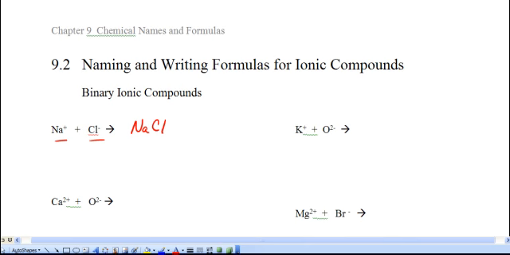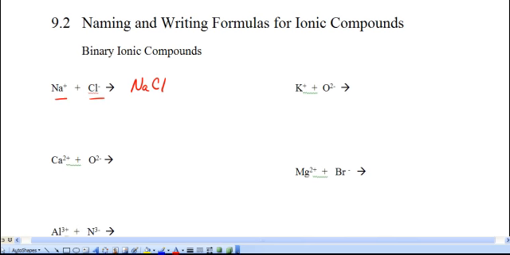Now, in other cases, scrolling down here, you might have, say in calcium's case, a +2 charge. The oxide ion is a -2. So the two positives will balance the two negatives, and once again you only need one calcium to balance the charge on one oxide ion, and the formula is going to be CaO.